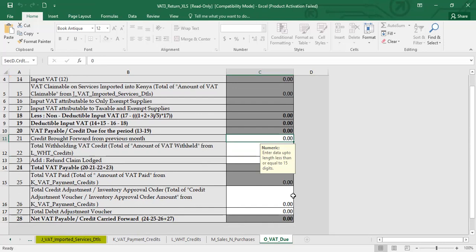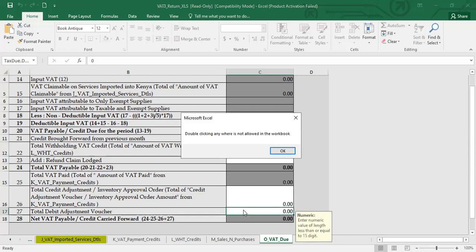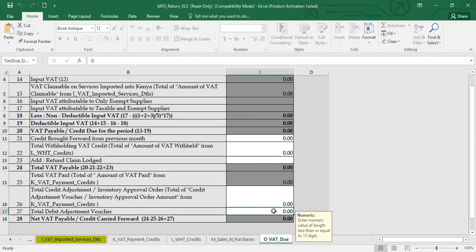Also, the total withholding VAT, ile withheld, ile 2%, total amount, utaweka hapo. So we have also the tax credit, credit on cost of avoidance. If there was that adjustment, unaweka amount hapo.